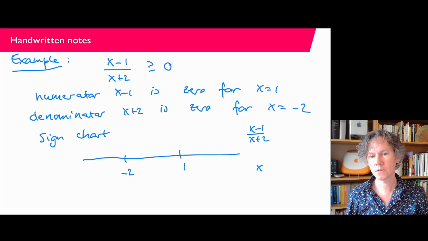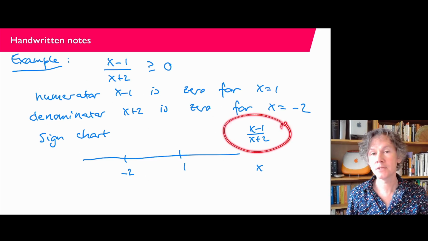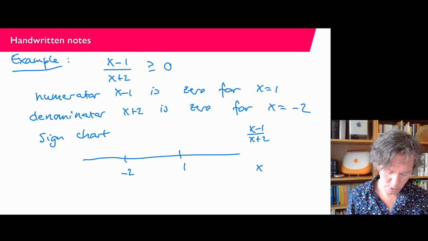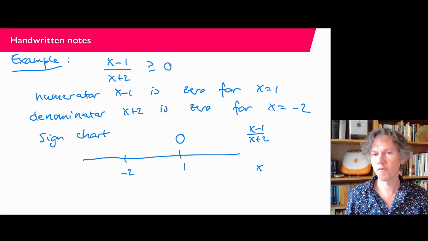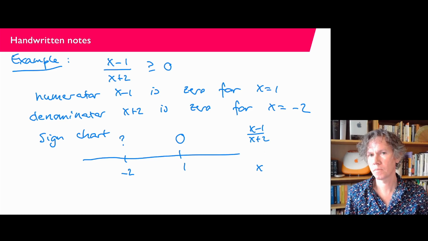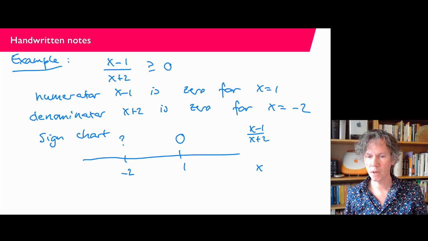I know that the expression we're interested in equals 0 when x equals 1. So let's put that in here. So here it is 0. For minus 2 we have division by 0, so I'm going to put a question mark there because it's not defined.